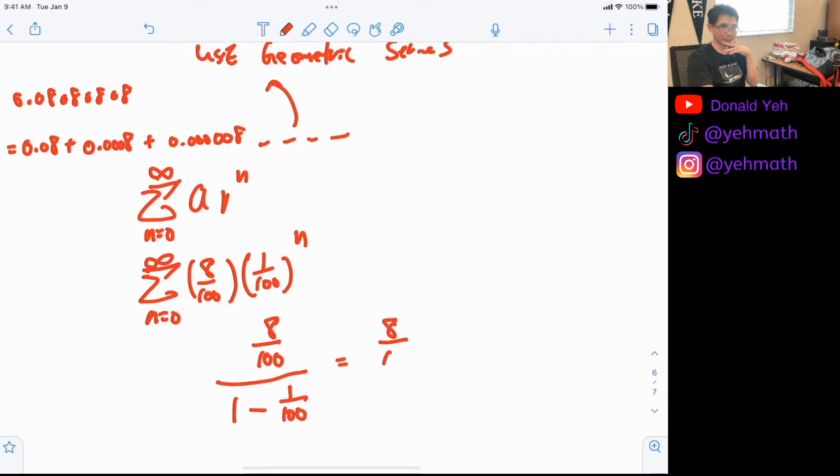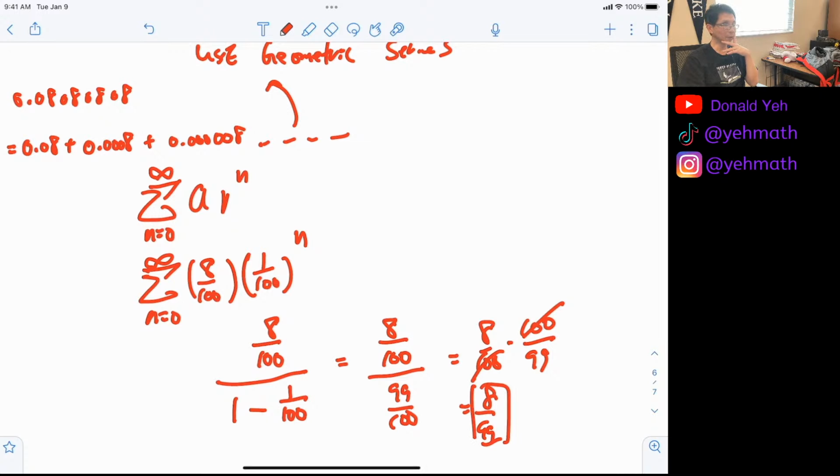So it's 8 over 100 divided by 99 over 100, which is 8 over 100 times 100 over 99. That's equal to 8 over 99. So a repeating decimal can be converted to a fraction this way. You can always double check your answer by calculating it. That's pretty crazy, using geometric series.